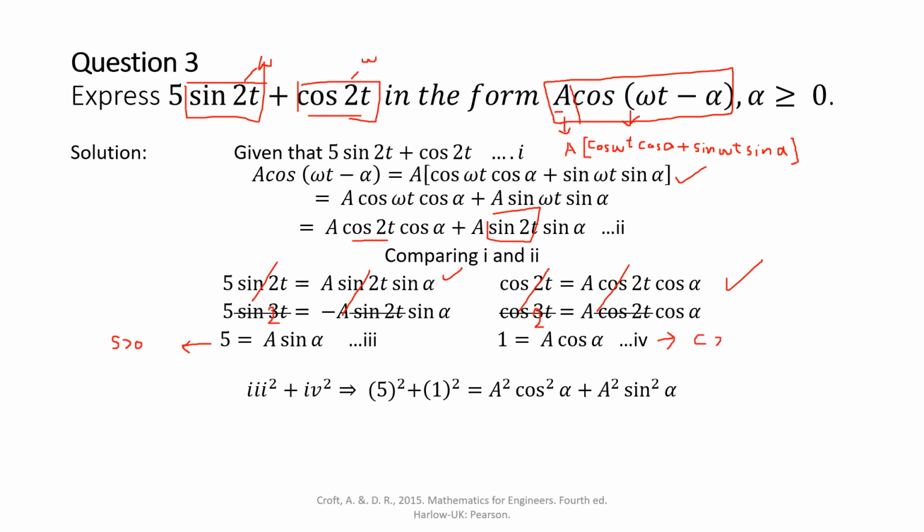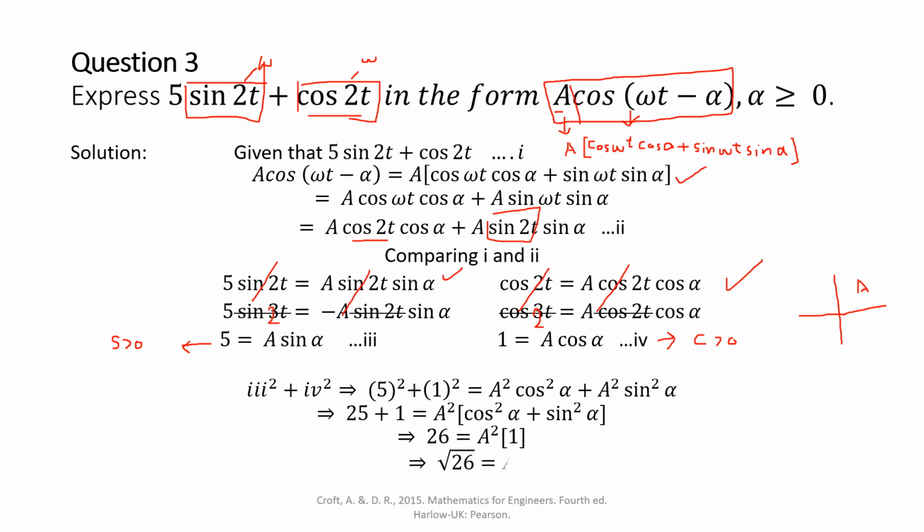So very easy case, all positive here. And then squaring, adding left sides and right sides, factoring out a square, and inside the bracket this is 1, and A is the square root of 26.